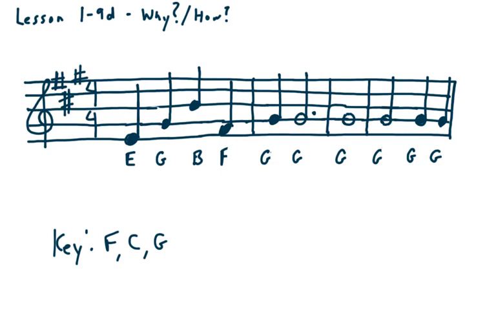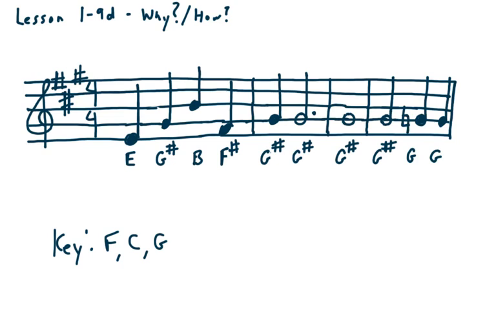Now that's F, C, and G. Okay? All of a sudden, now, this is G sharp. This is F sharp. This is G sharp. This is G sharp. This is G sharp. This is G sharp. Now, we want to put our natural back, so we put a natural in here.